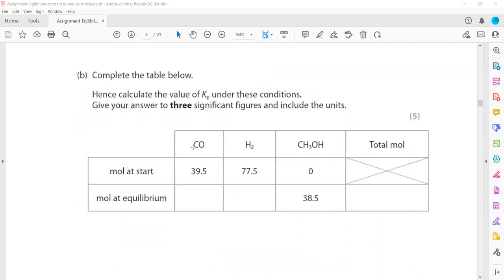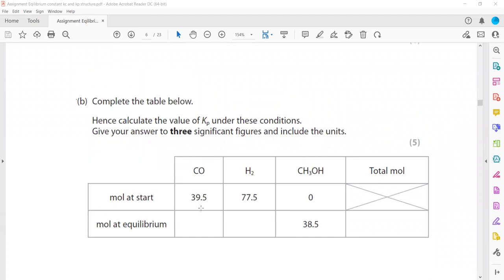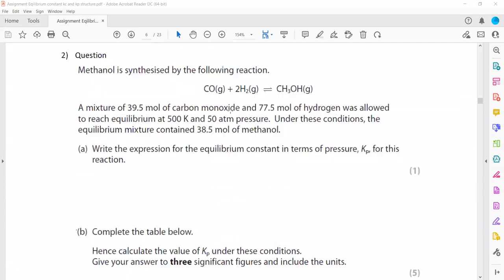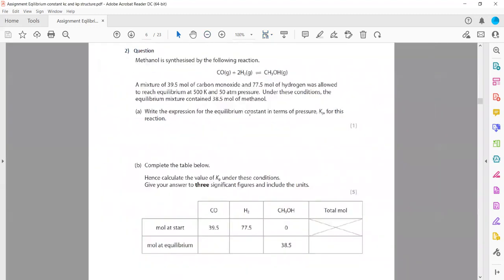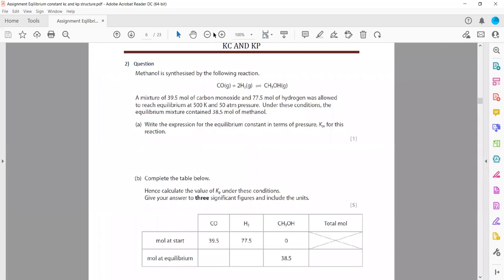The next one, complete the table for Kp under these conditions. So moles at the beginning and moles at equilibrium. How to work it out? You need the equation, because to take a mole ratio you need the equation. What is the ratio between carbon monoxide and methanol? It's 1:1.